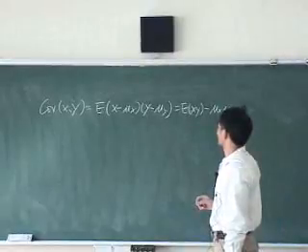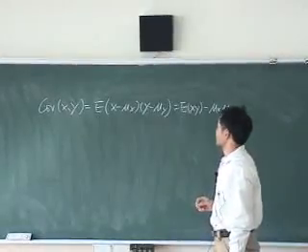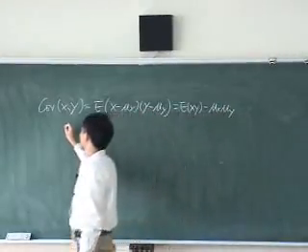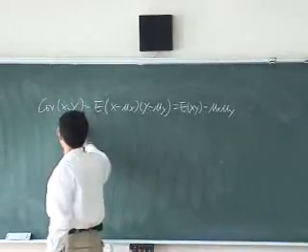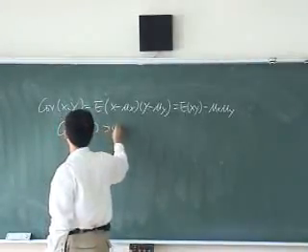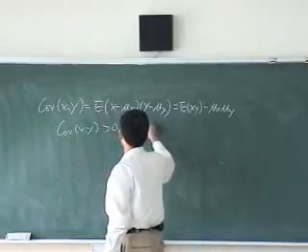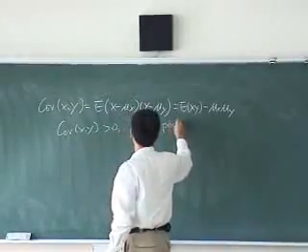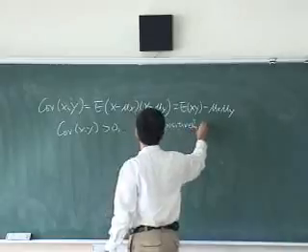And then how to deal with it? We say when covariance XY is greater than 0, X and Y are positively related.